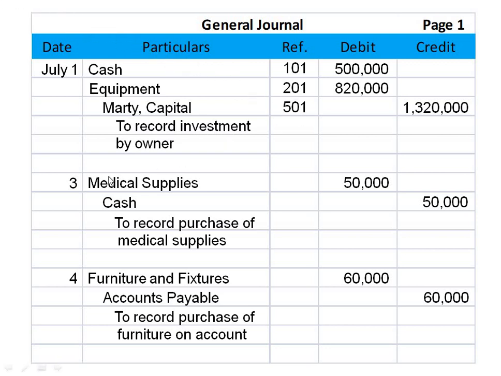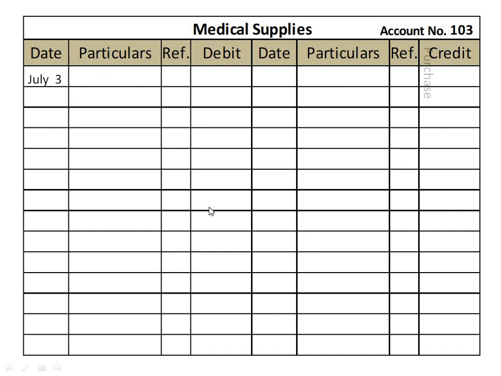Next journal entry to post, July 3 this time. Debit medical supplies, 50,000. So let's look for the ledger of medical supplies. Post to the left side because the account title medical supplies was debited in the July 3 transaction. Purchase is a sufficient description. No need to write purchase of medical supplies because that is already understood since we posted to the ledger of medical supplies.